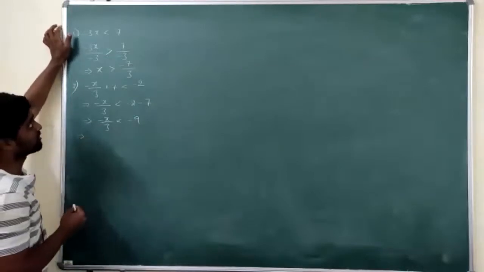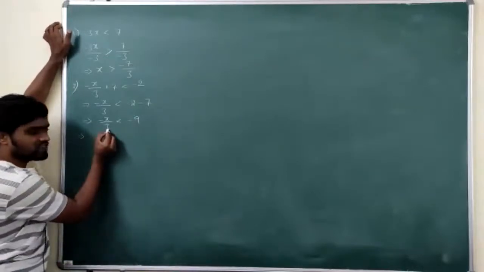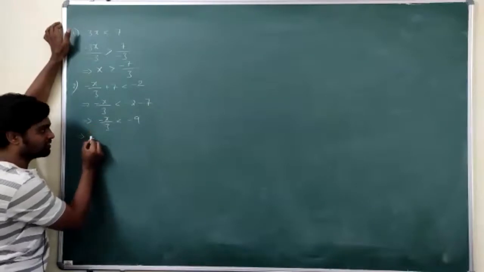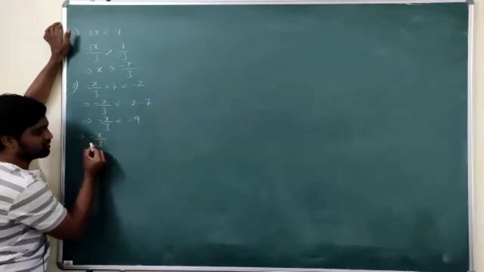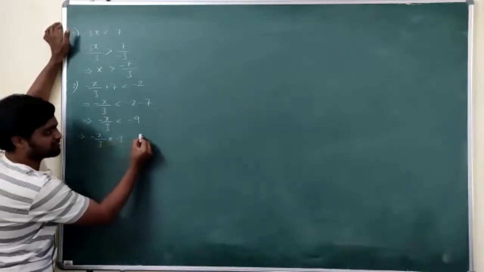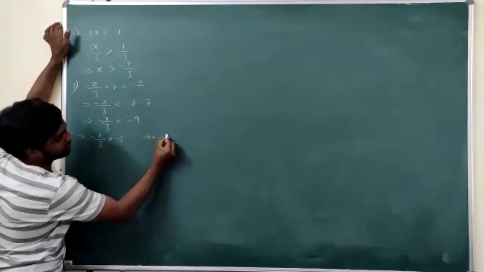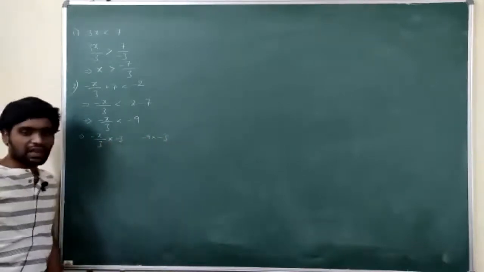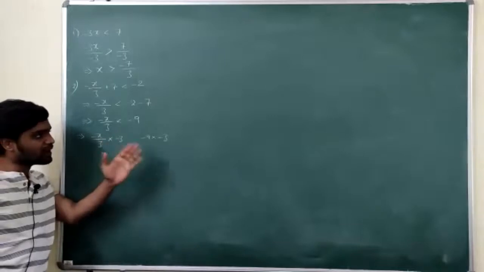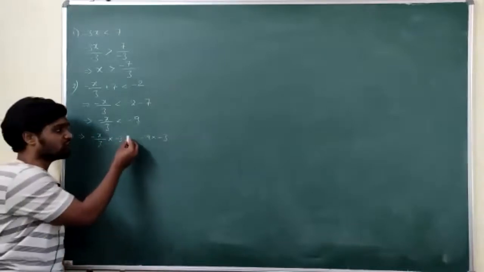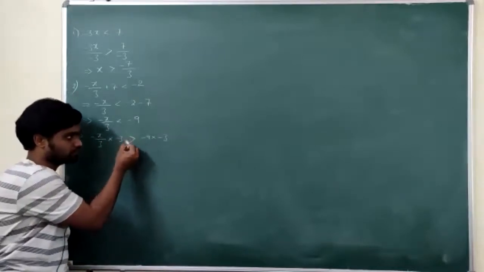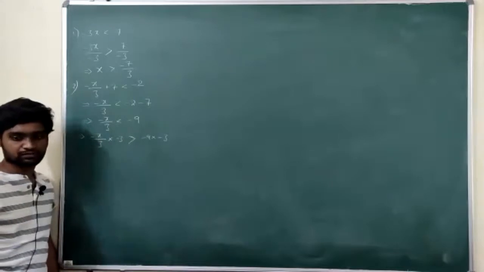Now, observe this step carefully. To remove minus 1 by 3, what I am doing is multiplying with minus 3 on both sides. On multiplying with minus 3 on both sides, what happens to the inequality? It reverses.